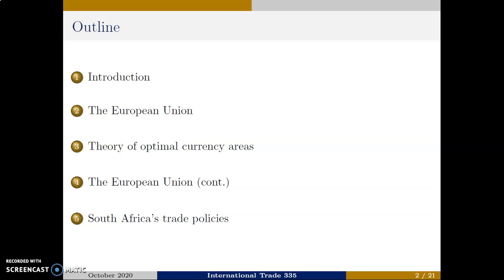We will then discuss the monetary and economic policies of the EU. Our third and fourth topics of discussion for the week are the optimal currency area theories and how they are applicable to the European Union. I will then show you examples of South Africa's current trade policies and where these are in the levels of economic integration.